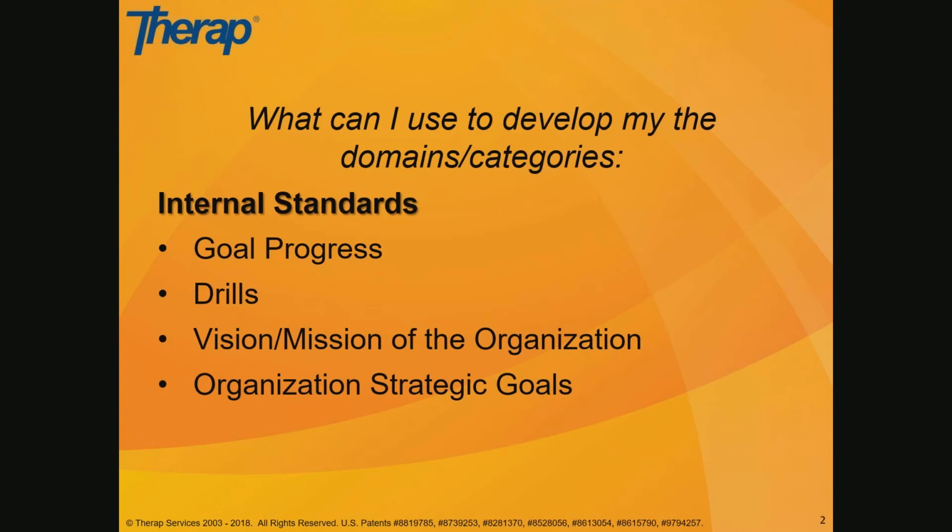Sometimes those standards, or those domains, might come from your company's vision or mission statement. There may be certain things that your company said, where the vision and the mission is to be the premier organization who supports people with community inclusion, choice, and individual rights.